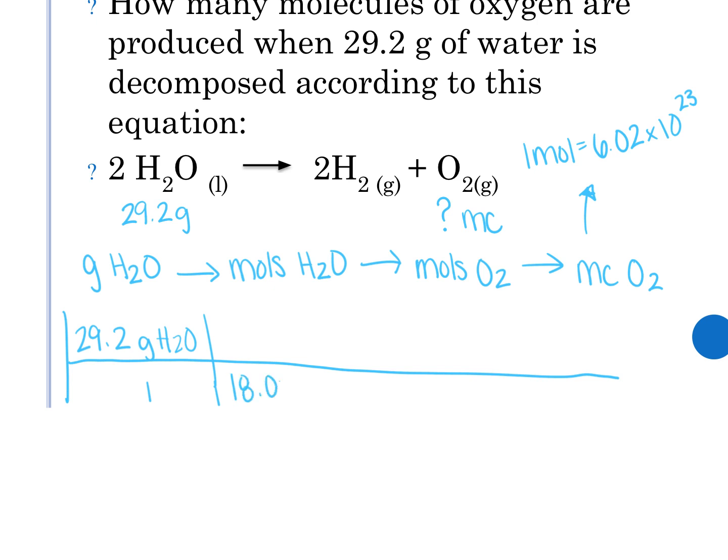I'm going to round that to 18.02. Okay, so then we divide by molar mass to get us to moles of water. And then what's the mole-to-mole ratio between water to oxygen? 2 to 1. Okay, 2 to 1. Since water's up top, it has to go on the bottom. Okay, so for every 2 moles of water, we're going to make 1 mole of oxygen.